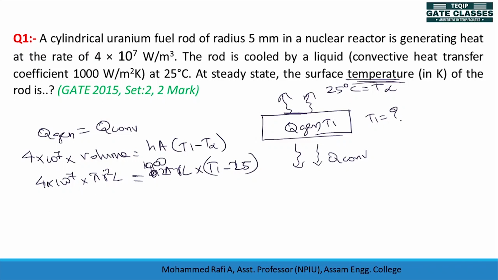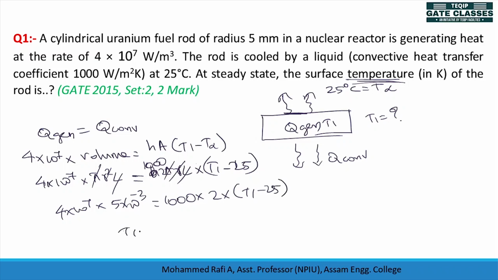Solving this, cancelling all the common parameters pi r L, we get 4 into 10 to the power 7 into r, 5 into 10 to the power minus 3, equal to 1000 into 2 into (T1 minus 25). Solving this, I can write T1 will be 125 degree Celsius.